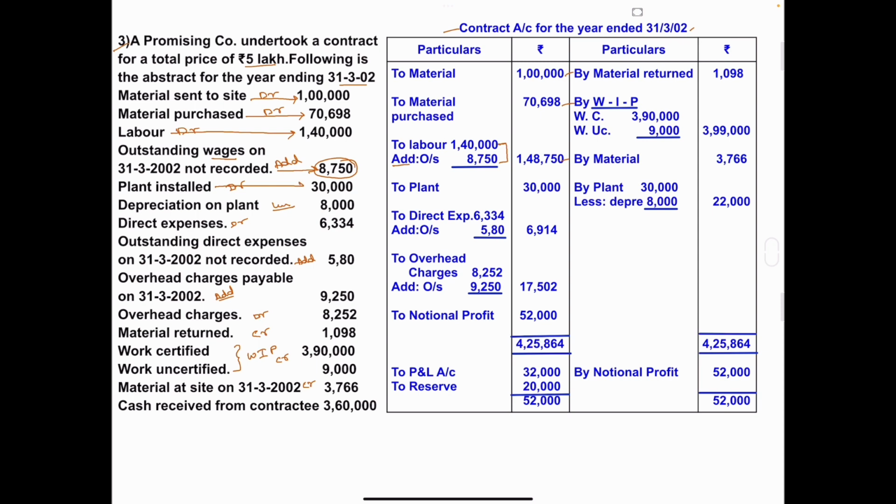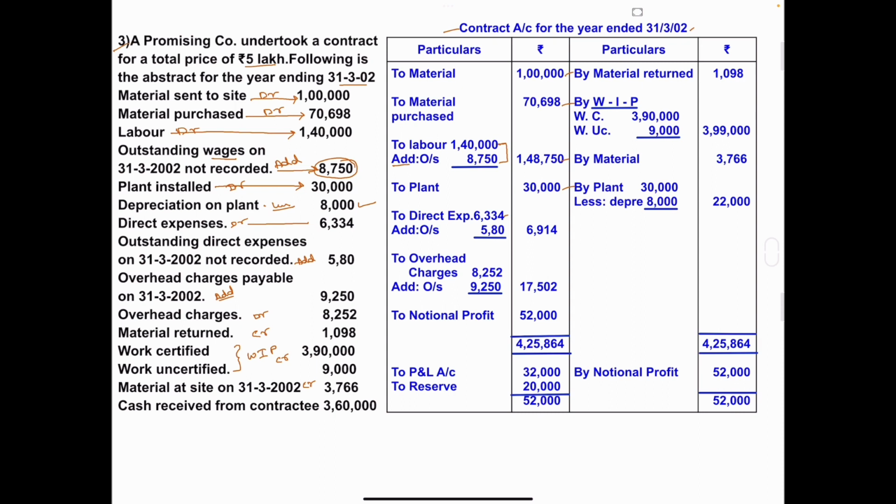Plant installed amount is 30,000. Write on the debit side, to plant 30,000. Depreciation on plant, this will take later on. Direct expenses, so write on the debit side to direct expenses amount in inner column 6,334.